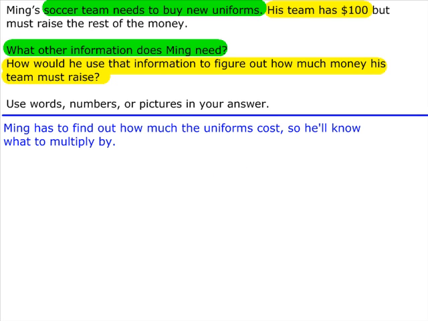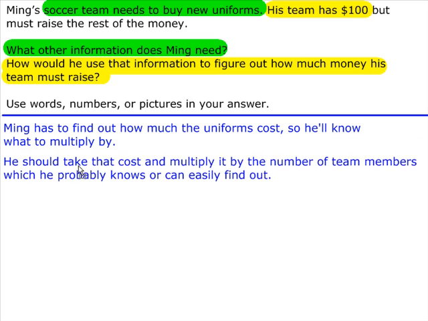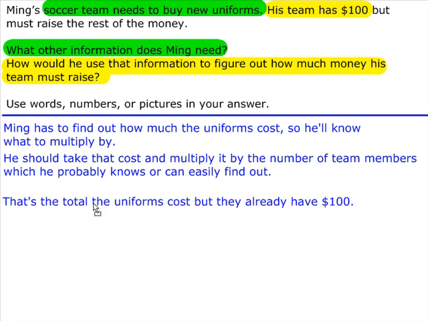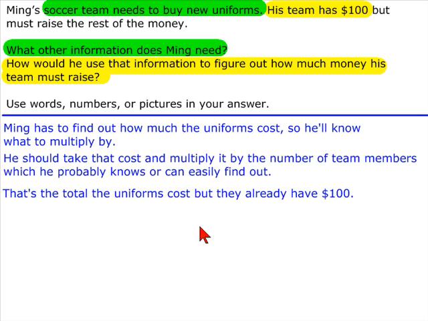And then he should take that cost and multiply it by the number of team members, which he probably knows or can easily find out. And that will give him the total the uniforms cost.